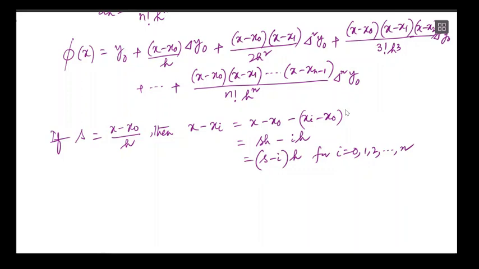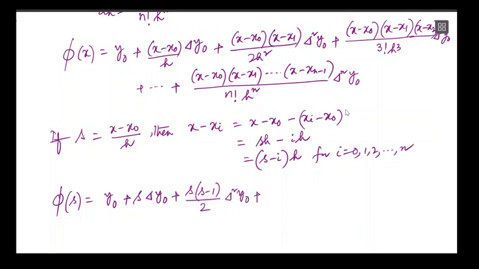Thus, in terms of s, we can have the polynomial phi as y0 (sorry, the first one is only y0) plus s delta y0 plus s into s minus 1 by 2 delta 2y0 plus s into s minus 1 into s minus 2 by 3 factorial delta 3y0.